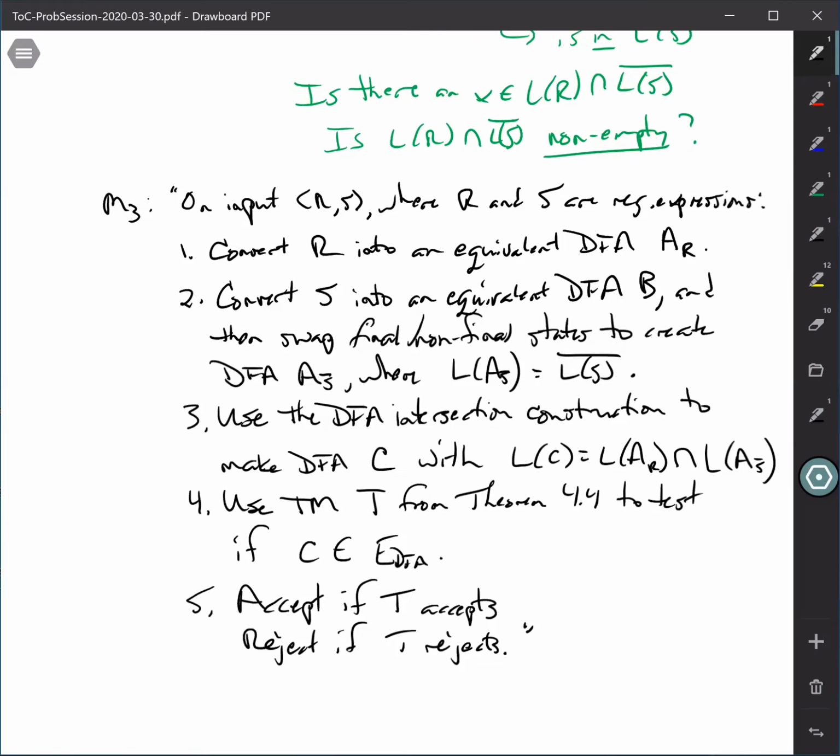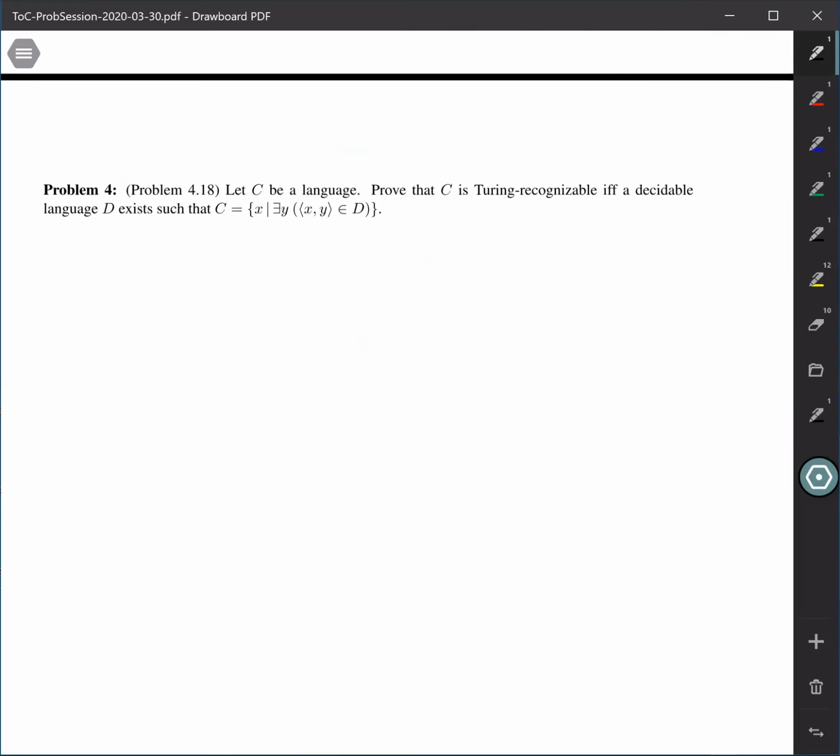Okay, so the last one I had here that we're not going to do is a relationship between Turing machines for things that are decidable versus things that are recognizable. It's not about DFAs or CFGs or anything like that. So it is a little different from the other things in section 4.1. The fact that we didn't get to it is not a huge deal because it's really not central to this.